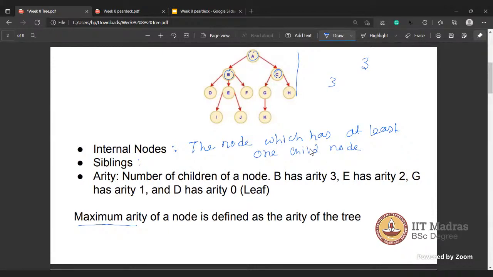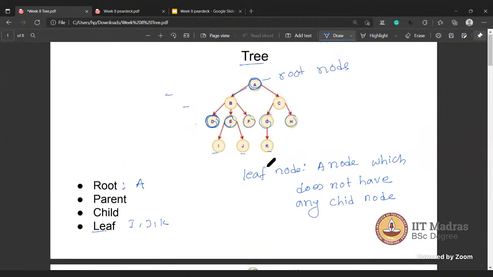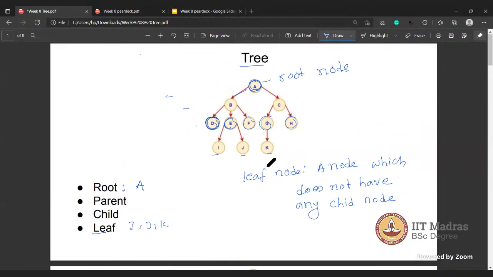So internal nodes and parent nodes are very much equivalent. See, the parent node means... Yeah, A is also internal because these are 2 children. Yes, it's also an internal node.